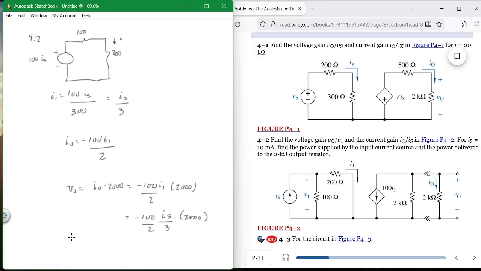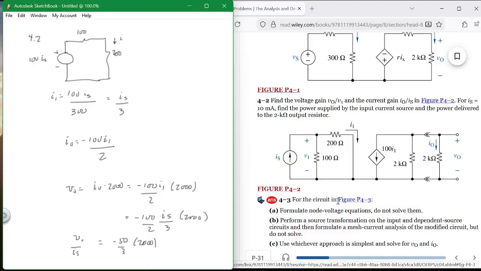End up with that, and V out over I source is equal to minus 50 over 3 times 2,000, or whatever that is. End of story. Not hard, very doable. There it is.